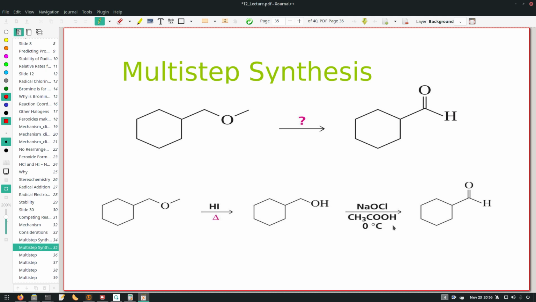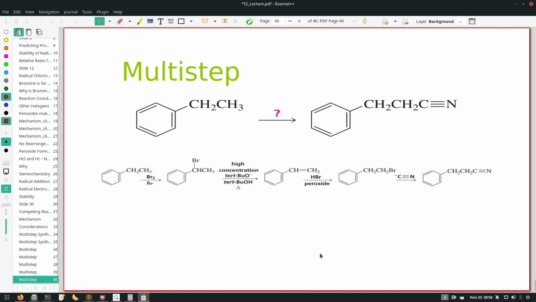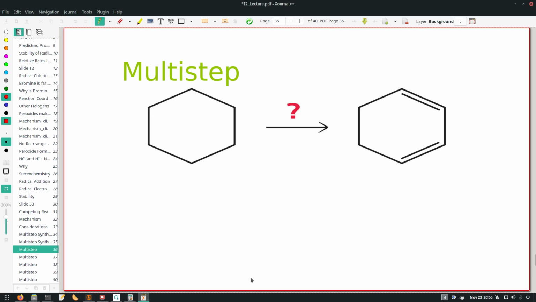Alright, let's try another one of these. Not that one. This one. Alright, we are going to somehow turn this alkane into an alkene. It's actually a diene. Alright, but we can't do that directly. Let's think about what we know we can do. There's plenty of ways we could do eliminations and make an alkene, so let's not try to focus on what we did there.